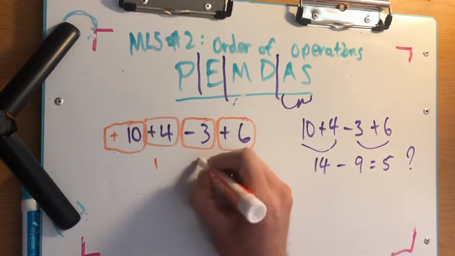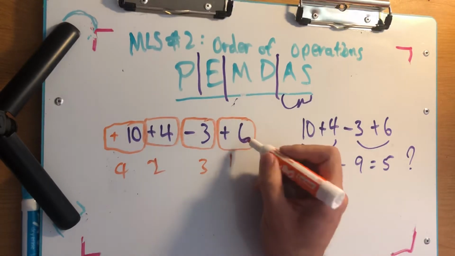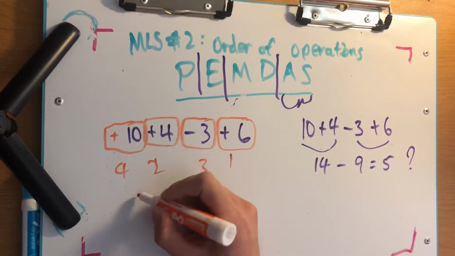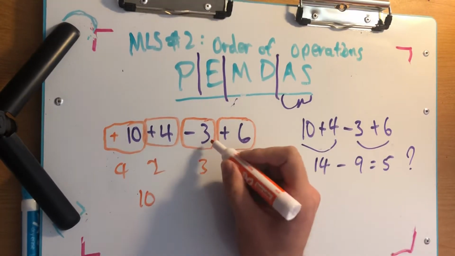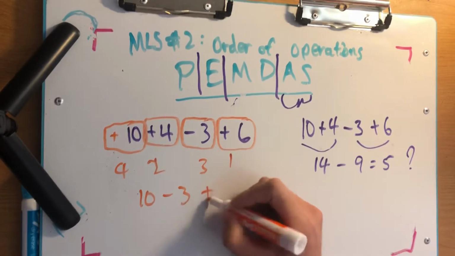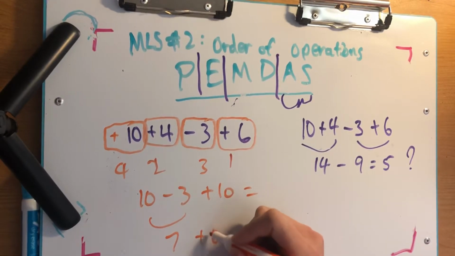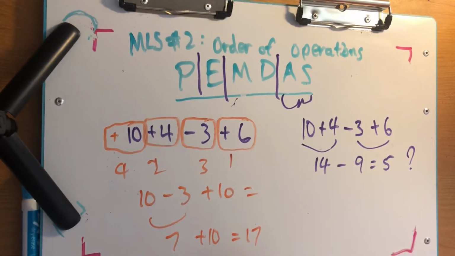Let's say 1, 2, 3, 4. That's the order we want to go in. It's a 2, right? 6 plus 4, we get 10. Number 3, we minus 3. And then number 4, we add 10, right? Well, what do we get? 10 minus 3 is 7, plus 10 equals 17.